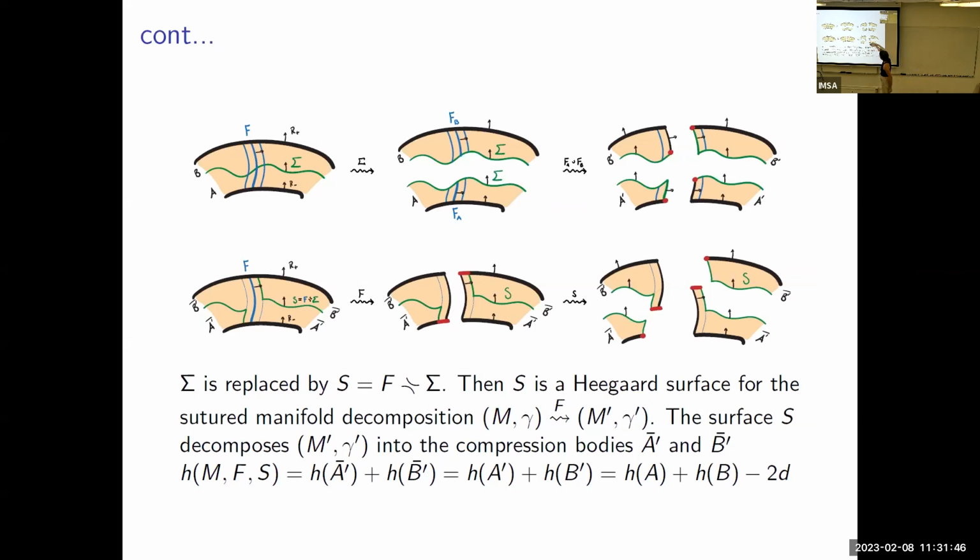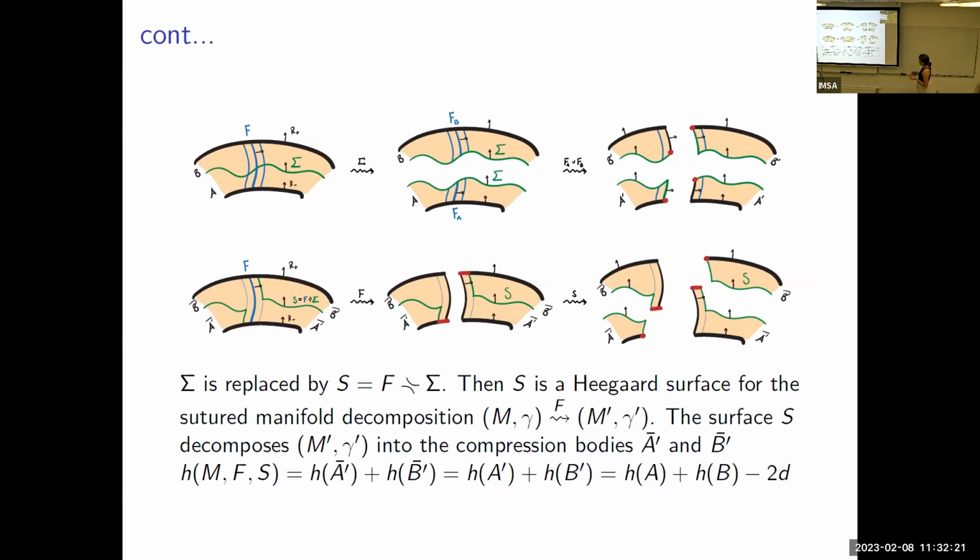When we cut along the surface S, we get these pieces A prime bar and B prime bar, and these are very close to the above ones, just by adding a tiny product.